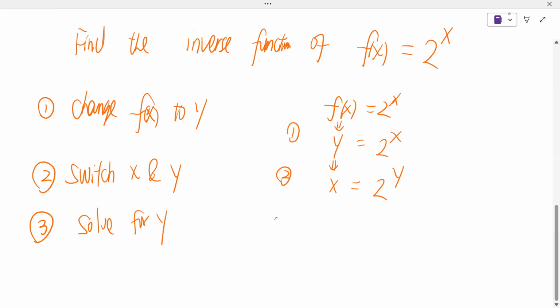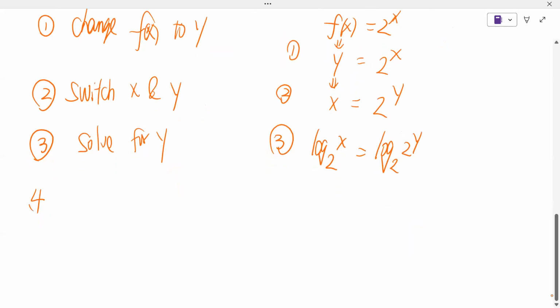So here, to solve for y, you're going to do log base 2, right? You're going to take log base 2 of both sides of the equation. So log base 2 of x equals log base 2 of 2^y.